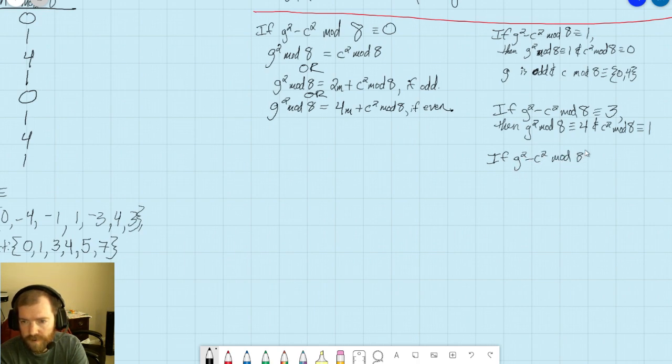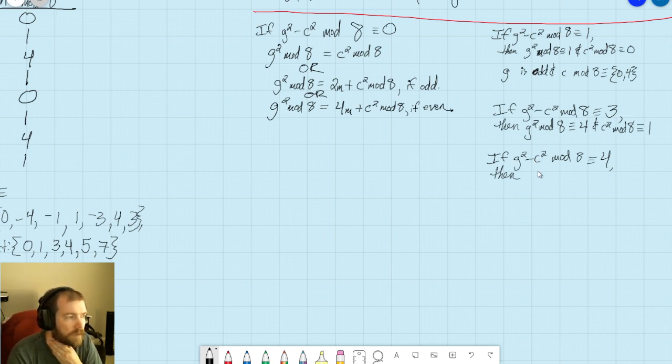If G squared minus C squared mod 8 is 4, then we must have had a 4 and a 0. Oh, or it could be the other way. Right, because I incorporated negative 4 as well.